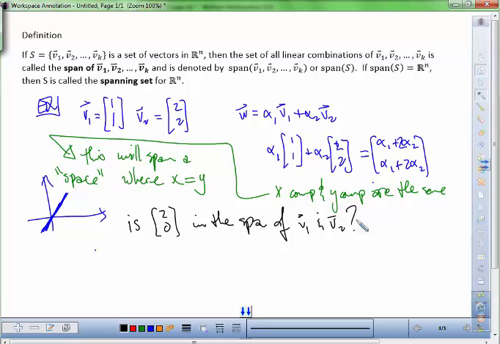Can I get to that point by just adding and scalar multiplying those vectors? So if we do that, we basically have the same equation over here. Alpha 1 V1 plus alpha 2 V2. Can I set that equal to (2, 0)?